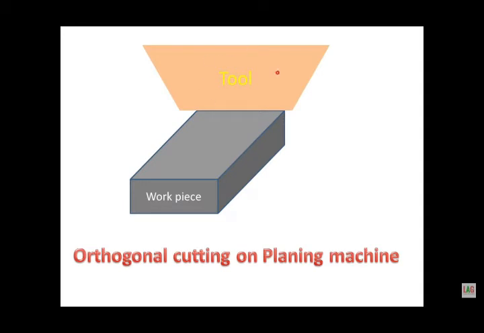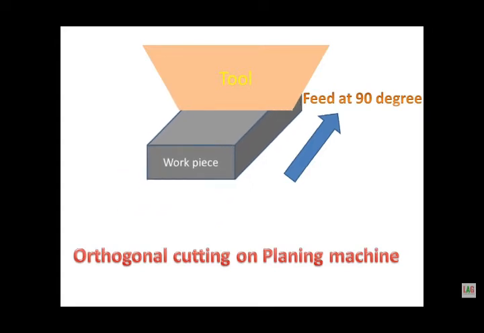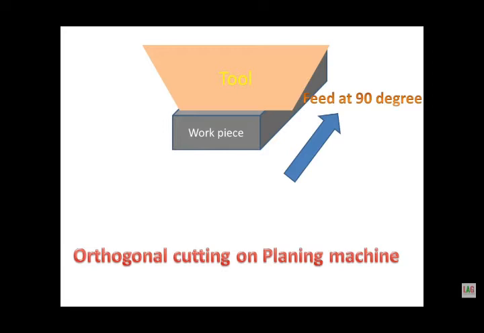Orthogonal cutting is a two-dimensional process and oblique cutting is a three-dimensional process. Here also the feed is at 90 degrees in orthogonal cutting, and that is the chip.